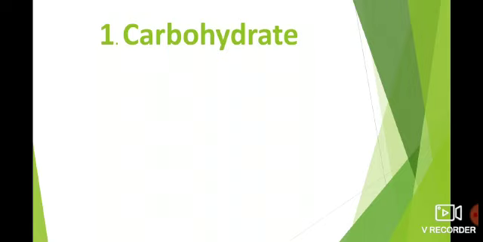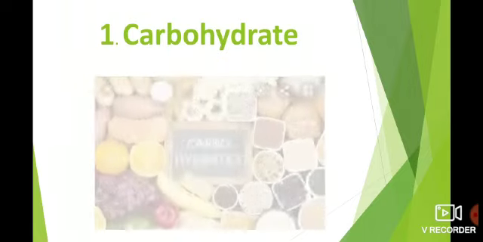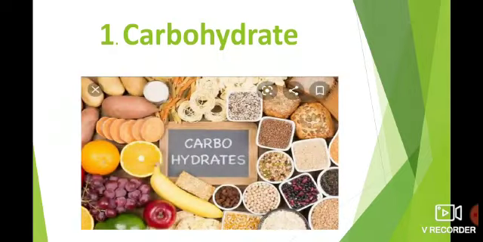First we learn about carbohydrate. Carbohydrates are energy giving components of food. They readily break down and release energy to our body. So energy giving foods are carbohydrates. Carbohydrates are complex food substances.